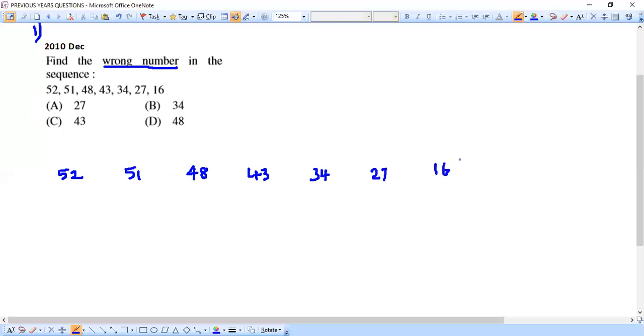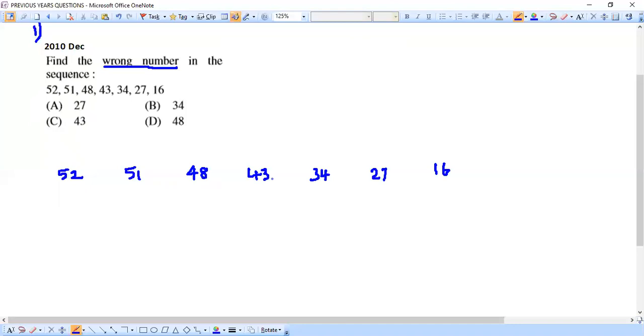No need to make any mark or question mark or blank, because we don't have to find what number is going to appear next. Instead, as I told, we need to pick some number in this sequence which is wrongly placed. That's what we need to find.